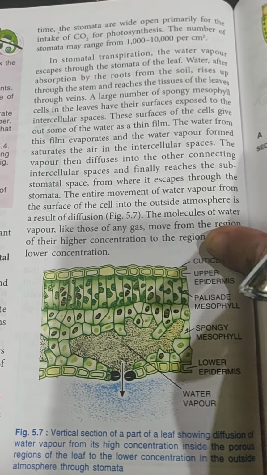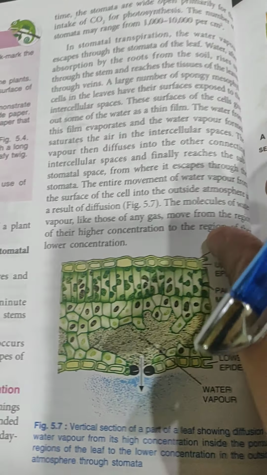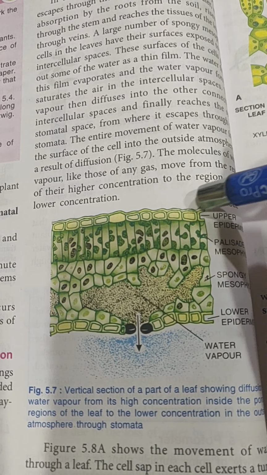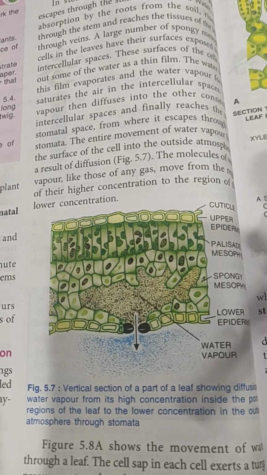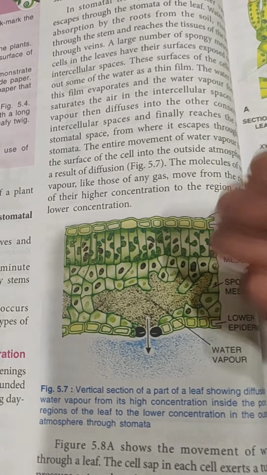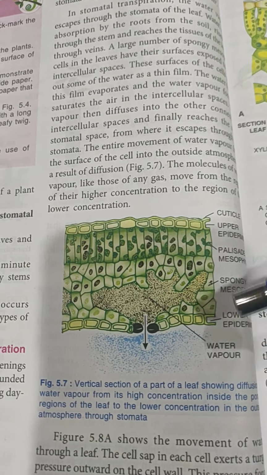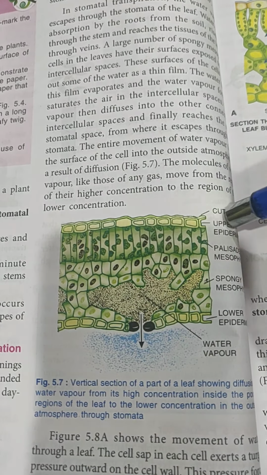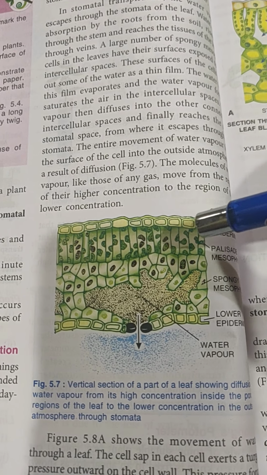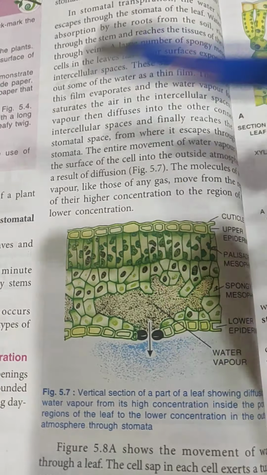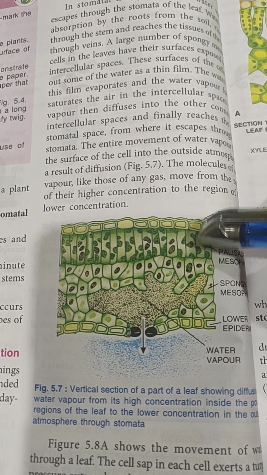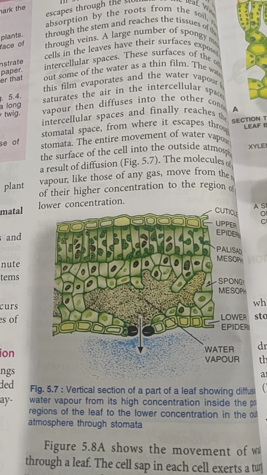leaves through the veins. Now this is a vertical section of a part of a leaf. That is, if you cut a leaf longitudinally, this is what you get to see. This is the layer of cuticle. The upper layer is the cuticle. Then comes the cellular structures, the upper epidermis. The elongated cells are mesophyll cells.